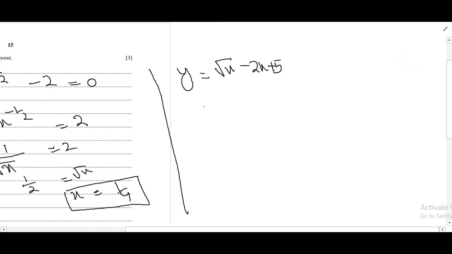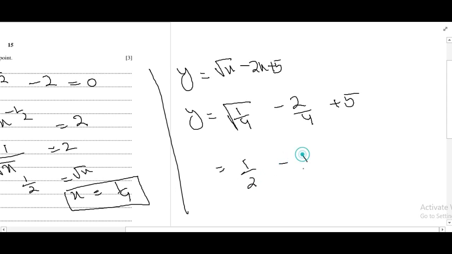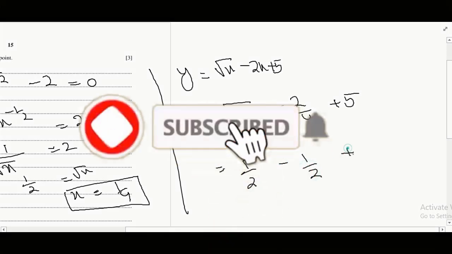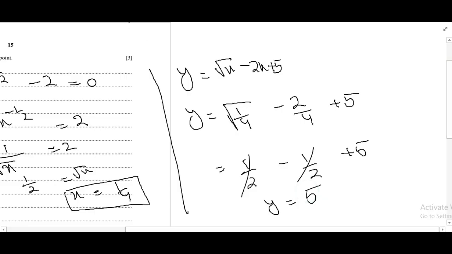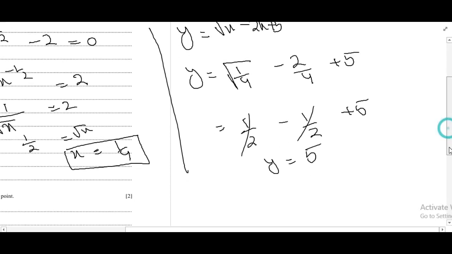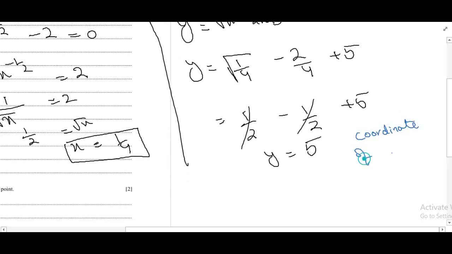Our value of x was 1/4. So y is equal to square root of 1/4 minus 2 times 1/4 plus 5. So it is 1/2 minus 1/2 plus 5. They cancel, so y is equal to 5. So the coordinates of the stationary point are (1/4, 5).